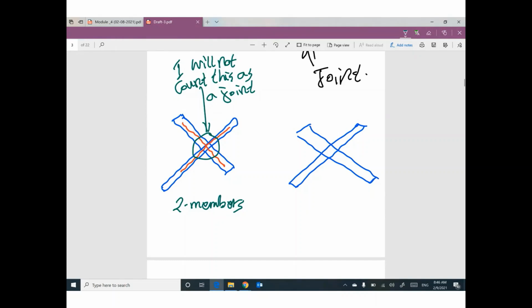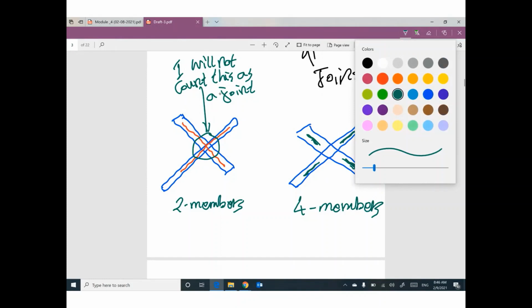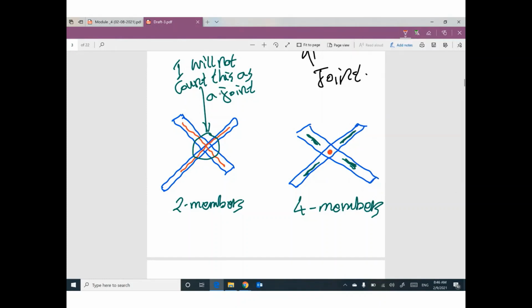We have another solution. Both of them are correct, believe me. One will say, I will count this member as a member, this one as another member, another member, another member. So how many members for this cross? We have 4 members. That's correct. But in this situation, I'm going to consider this intersection as joint. Both of them finally will give you the same answer, believe me. So don't be worried.